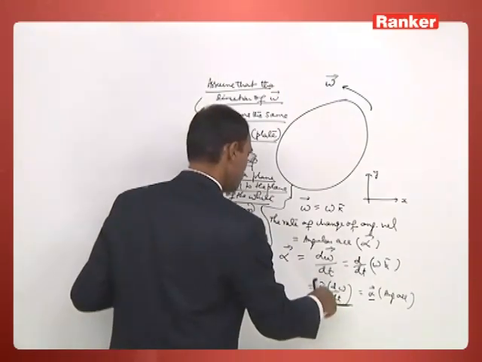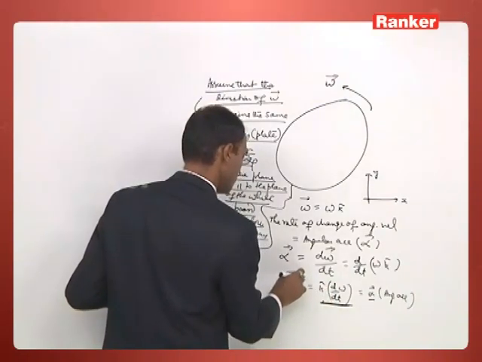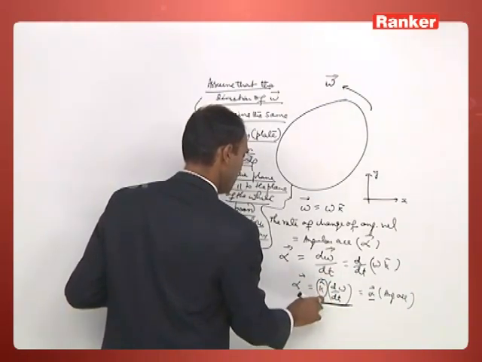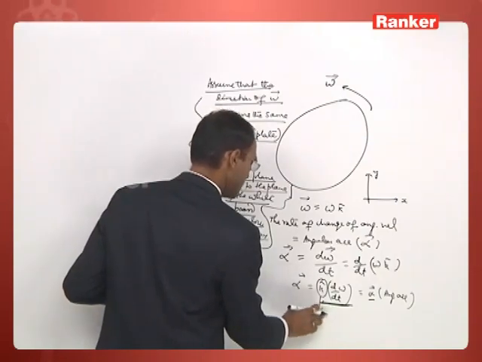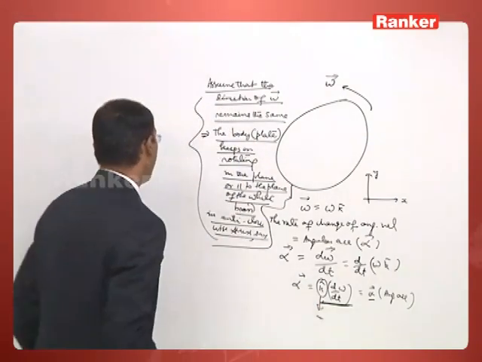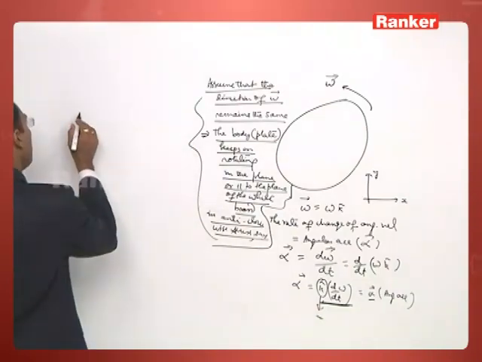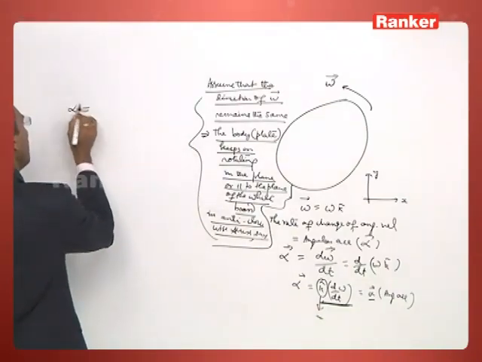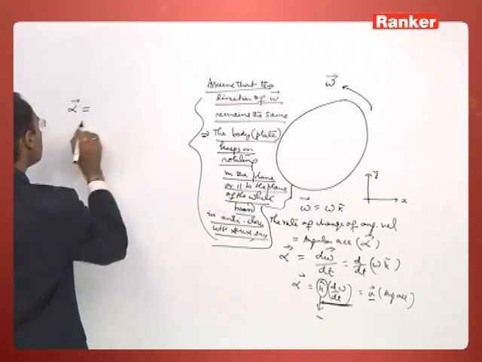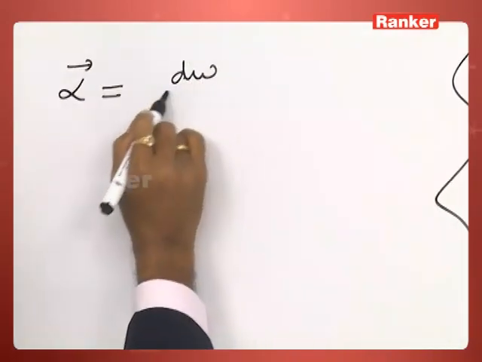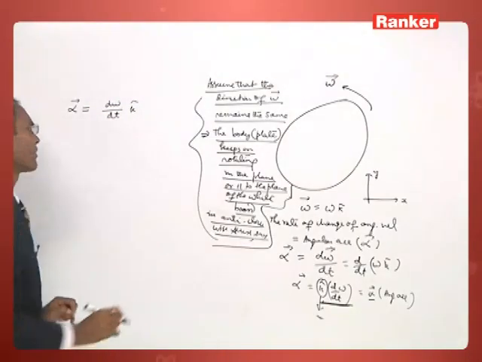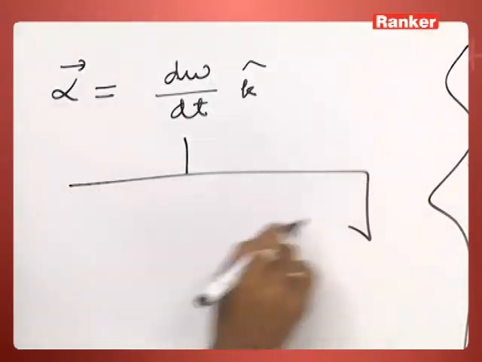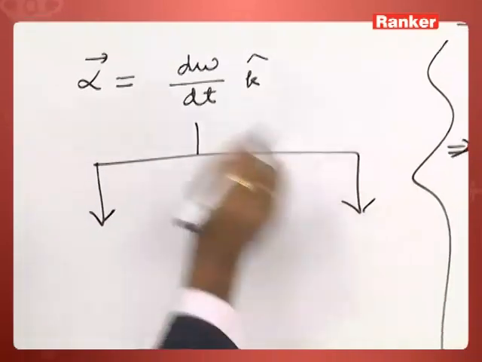So alpha will be in which direction? Alpha will be in positive z direction, but we need to expand it. Under this assumption, alpha is equal to d omega by dt times k. We have two divisions.